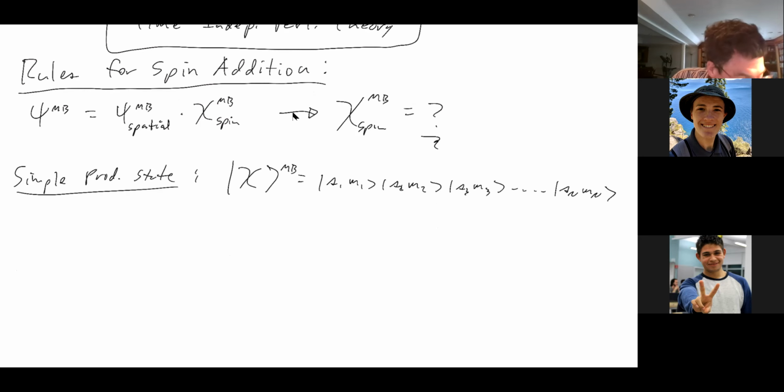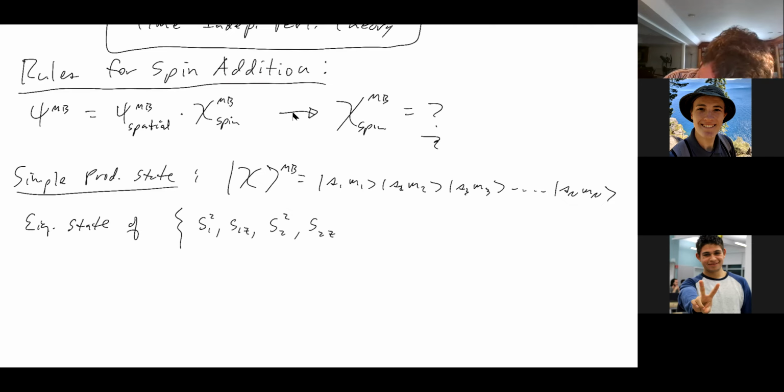In this case, this is an eigenstate of these operators, S1 squared, S1z, S2 squared, S2z, all the way to the last one.